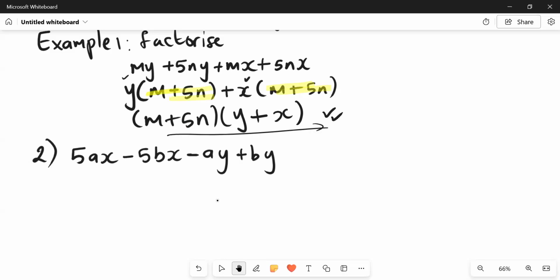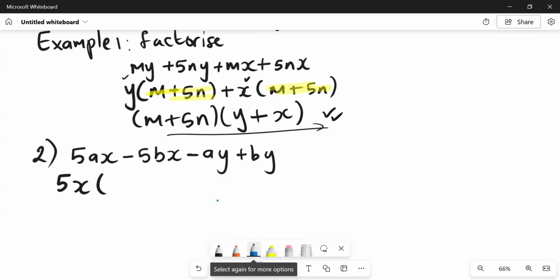And then we start taking out the common factor of 5x. So let's do that. So you have your common factor of 5x there. So the first bracket there, you'll be left with a minus b, a minus b, right? And then for this one, let's take out the common factor of minus y.